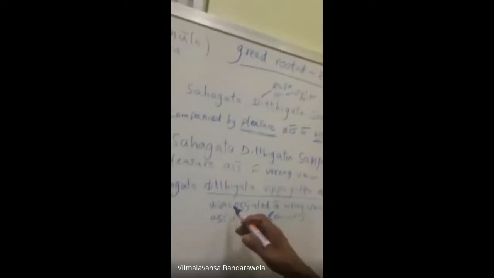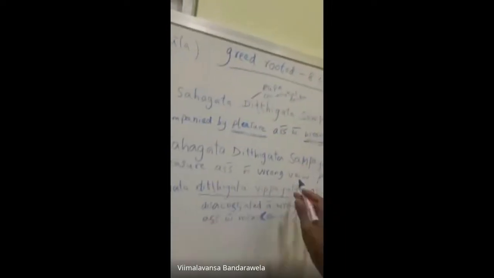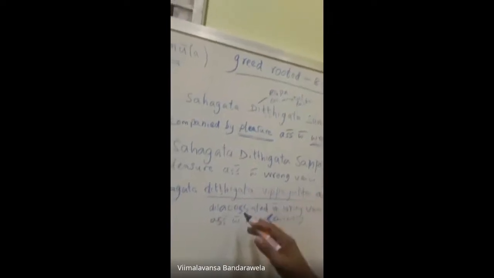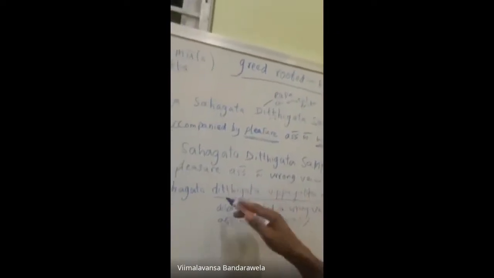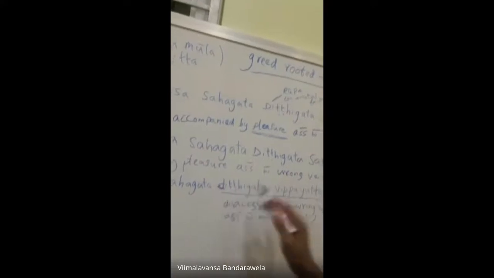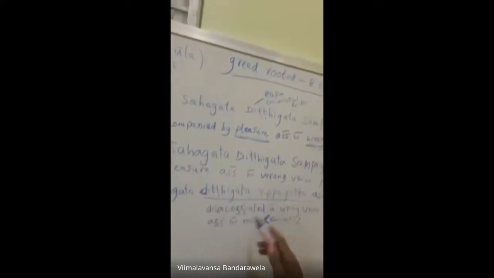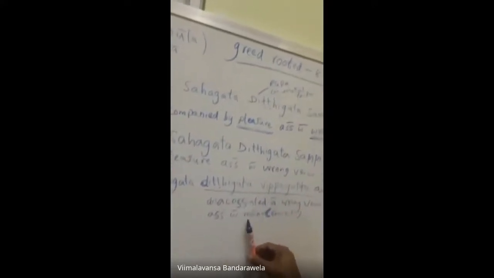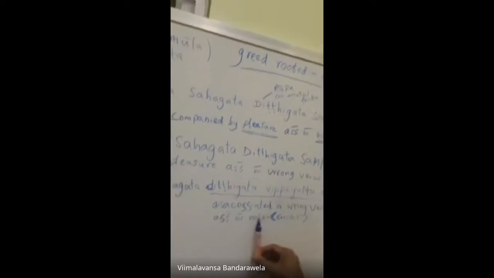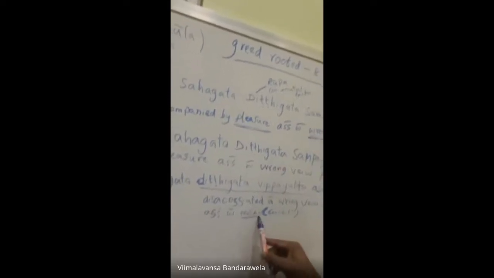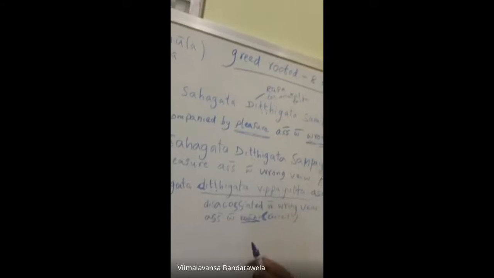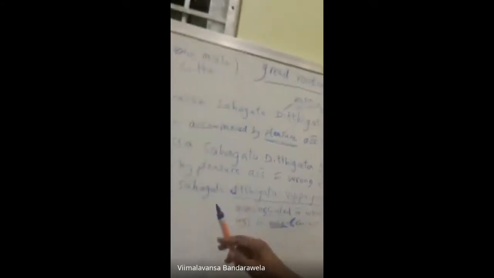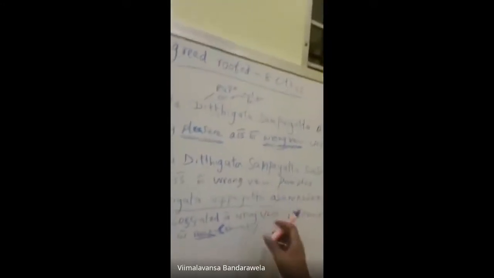Sometimes you don't have such type of wrong view, and then that consciousness is associated with conceit, right? Mana is also a cetasika, right? Cetasika mana. So now you know the difference between these things.